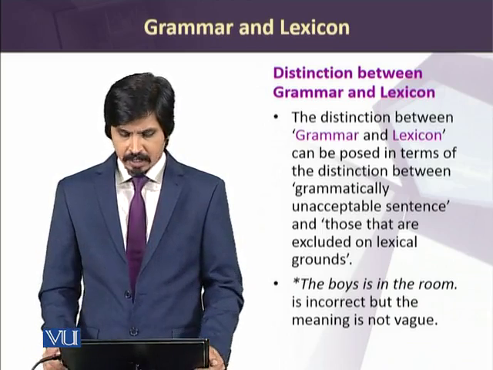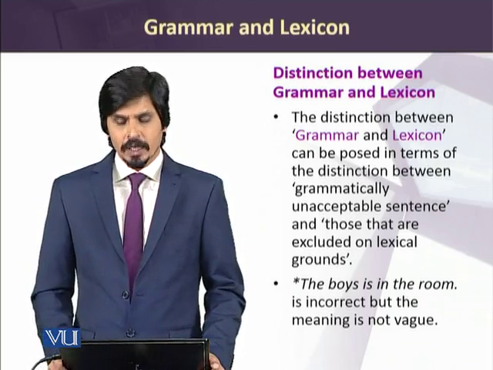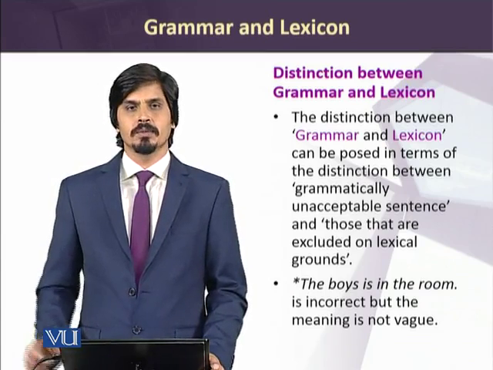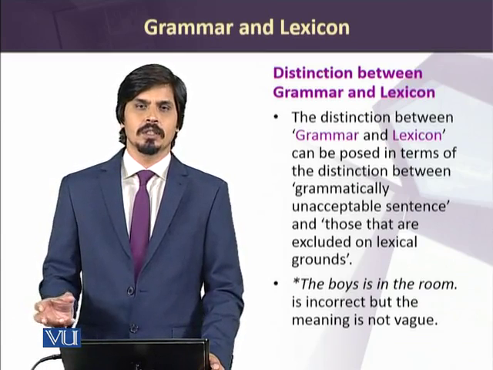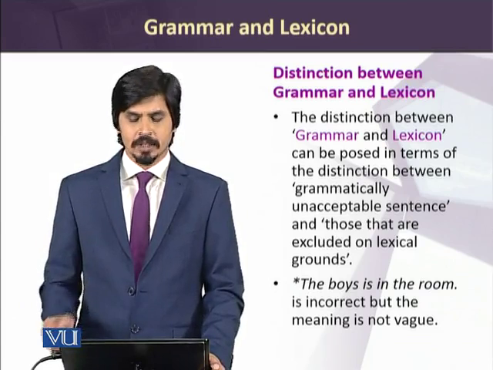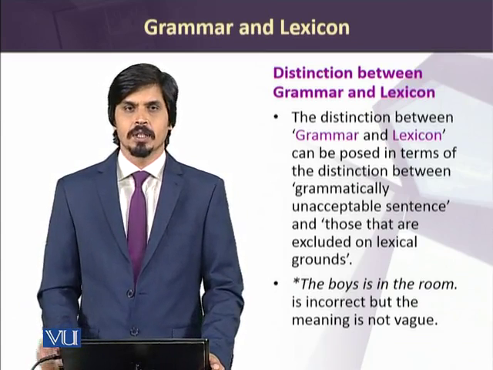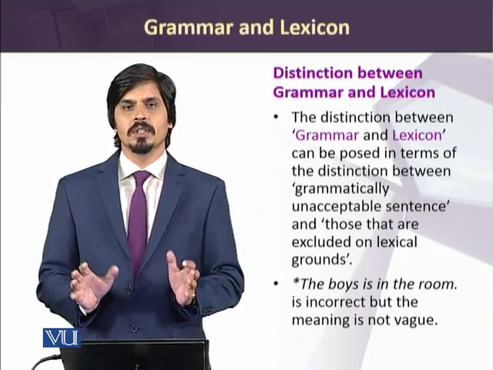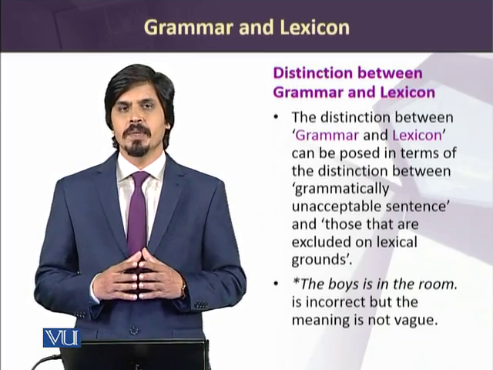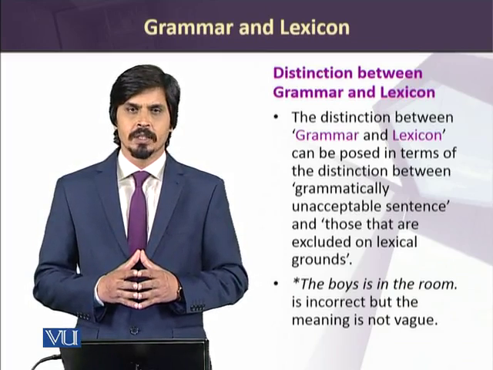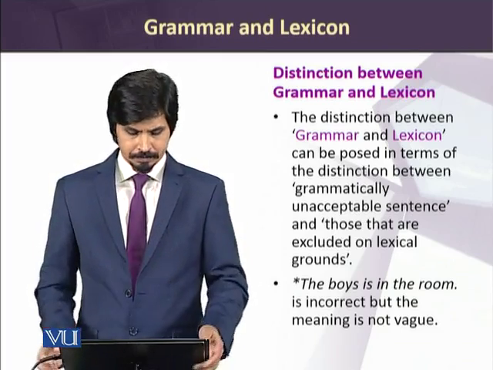If you look at the example, the boys is in the room. We have a plural noun, boys, but a singular helping verb, is. So this seems incorrect grammatically, but at the same time we can sense that the meaning may not be that vague because of this grammatical error.